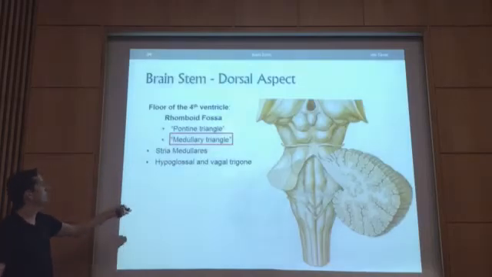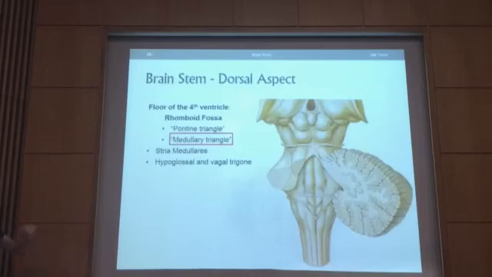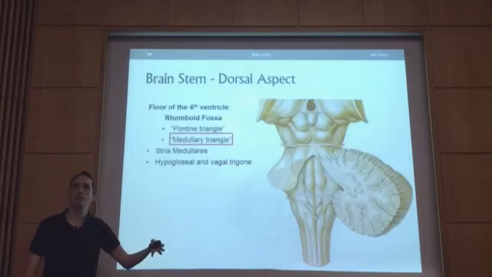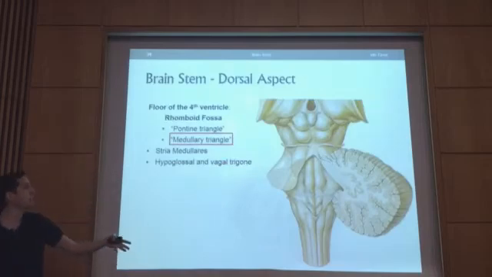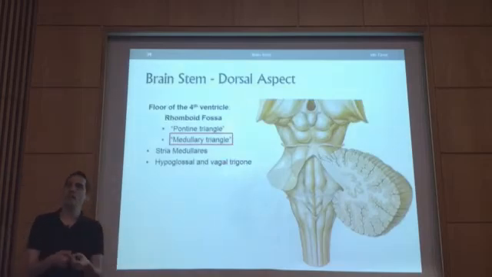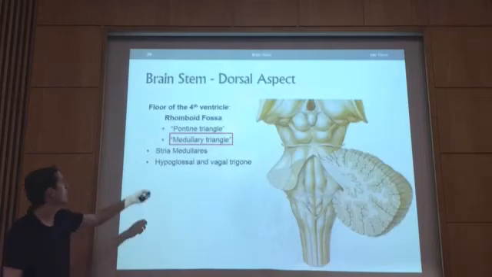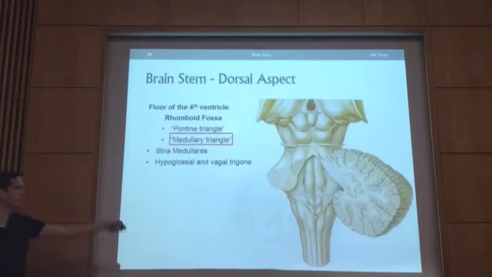We'll elaborate about the hypoglossal and vagal triangle later. The hypoglossal nerve is the 9th cranial nerve, and the vagus nerve is the 10th cranial nerve. And the nuclei of these nerves are within the hypoglossal and vagal triangle. Okay, so these are these two triangles.